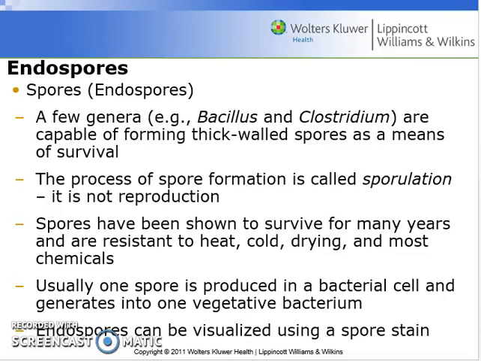There's a few genera of bacteria that deploy these types of structures. The Bacillus genus and the Clostridium genus. Some of the organisms you might know of in these families are Bacillus anthracis, which is the organism that causes anthrax, or Clostridium botulinum, which is the organism that can cause botulism.